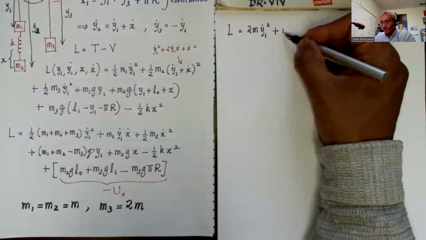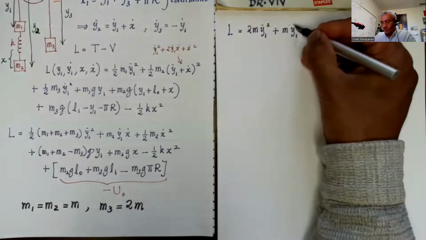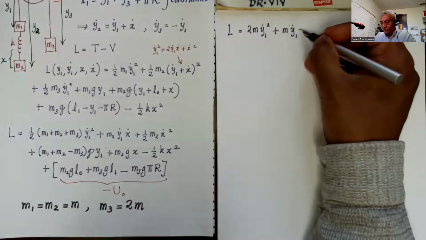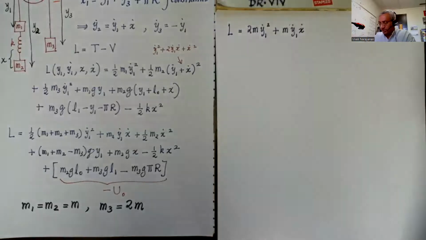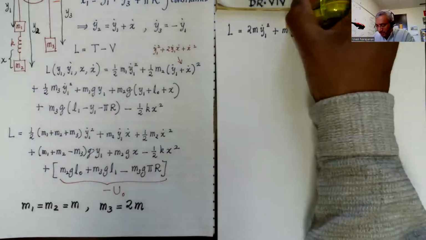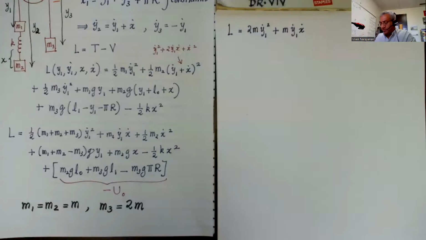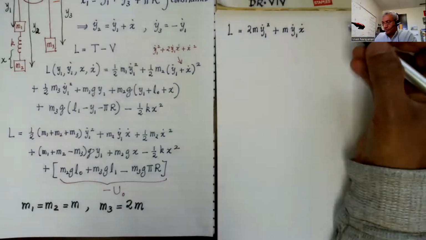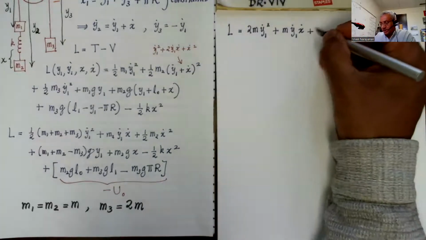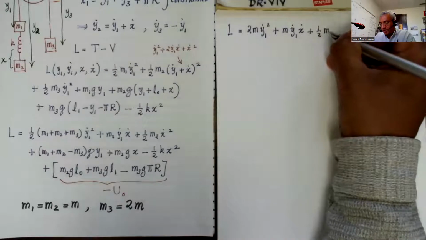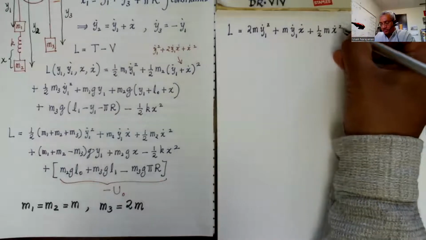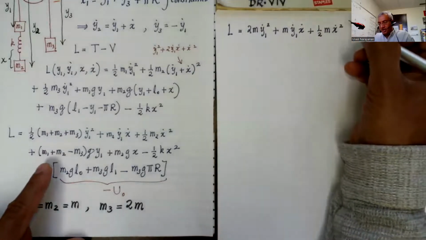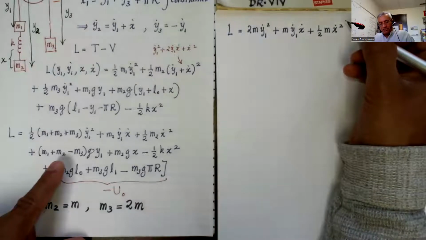So it's m y1 dot x dot. That looks like a double dot, but it's actually the bleeding from writing on the previous page. And then 1/2 m2 is m, x dot squared. And then here I have m1 plus m2.